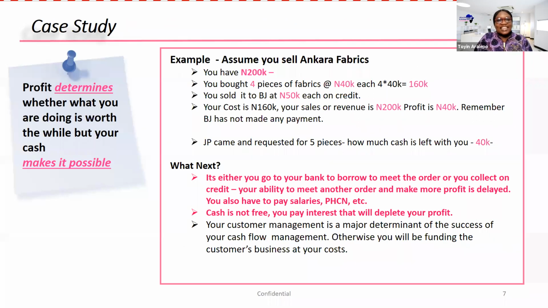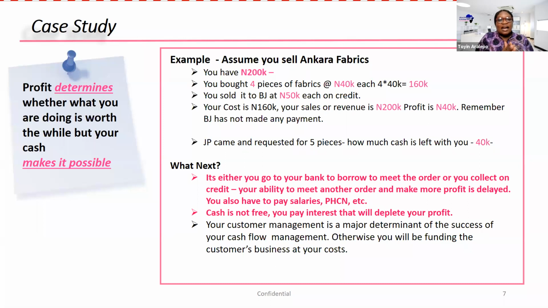So let's look at this case study, and I want you to just follow along with me. I'm using very simple examples so that you can understand and be able to apply it to your business as well. So assume you sell Ankara fabrics and you have 200,000.